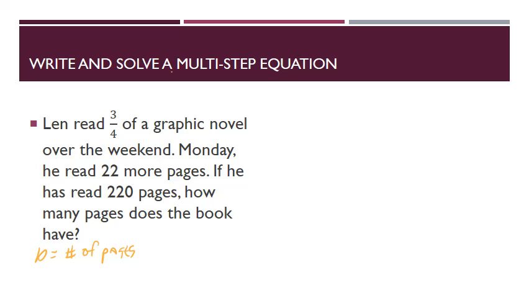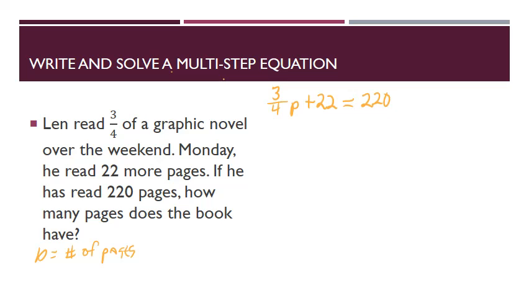So if he read 3/4 of the pages, 3/4 P on the weekend, and then on Monday he read 22 pages, and now he has read a total of 220 pages. All right. He read 3/4 of the pages, plus 22, for a total amount of pages read of 220. And we want to find out how many pages does the book have.